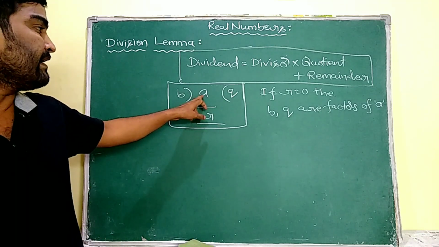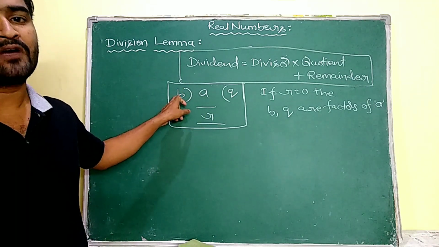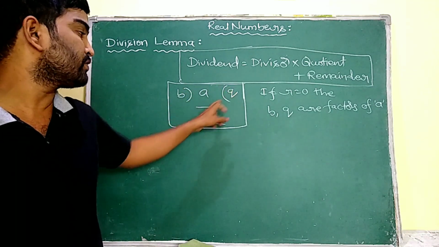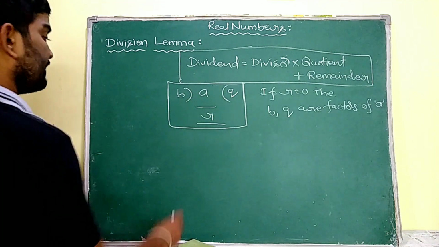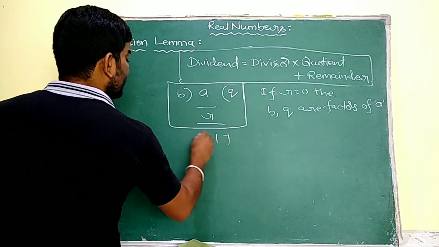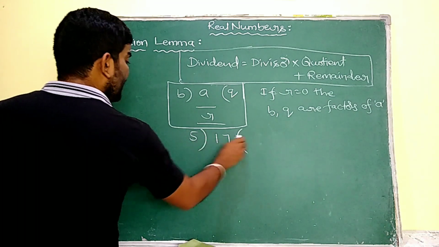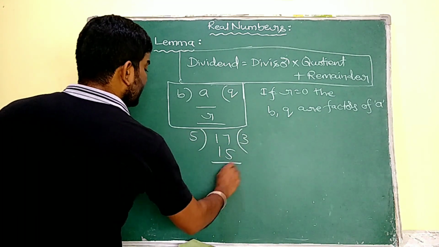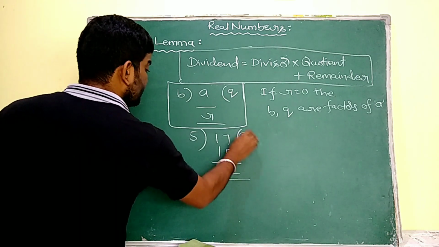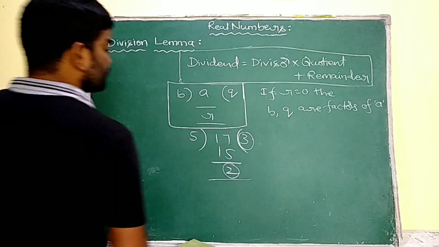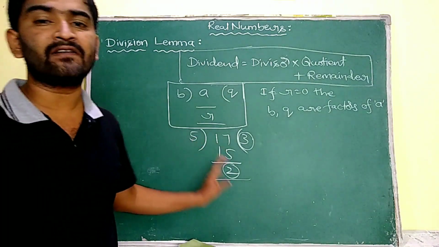Listen. For the given numbers a and b, we are going to obtain the unique numbers q and r. For example, if I am going to divide 17 with 5, then 5 3s are 15. The remainder is 2. Here the quotient 3 and remainder 2 for 17 and 5 are fixed.